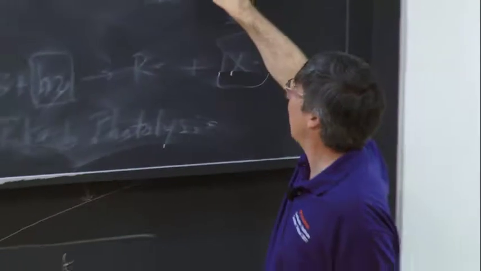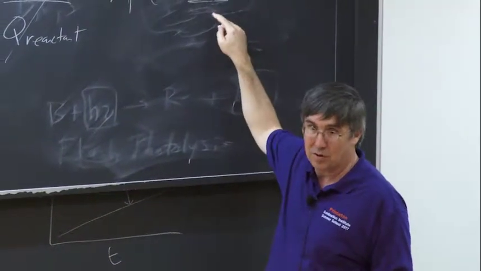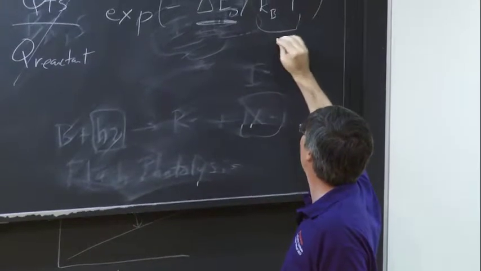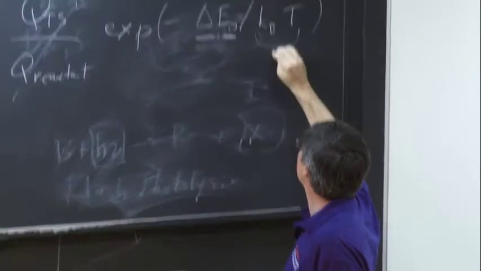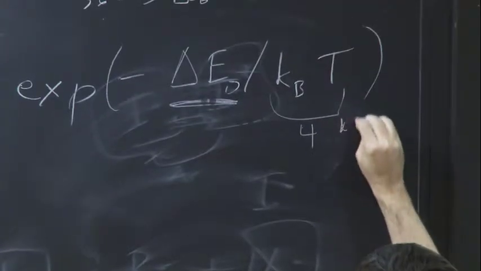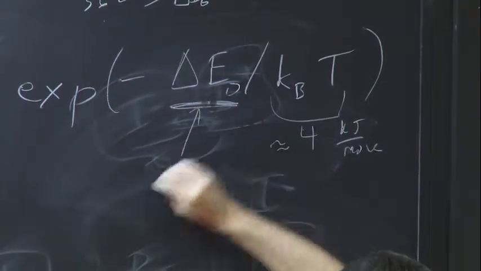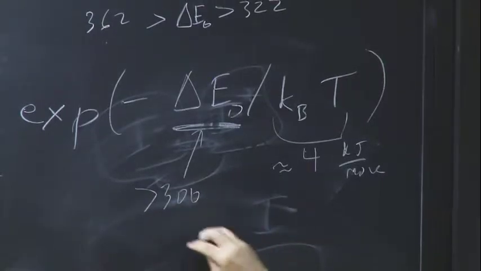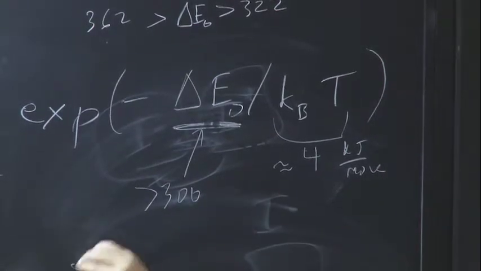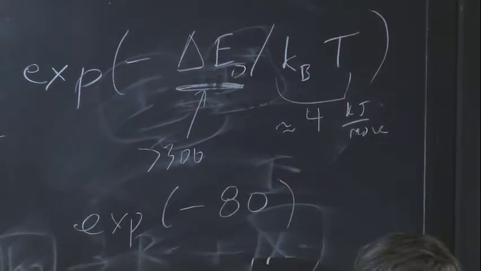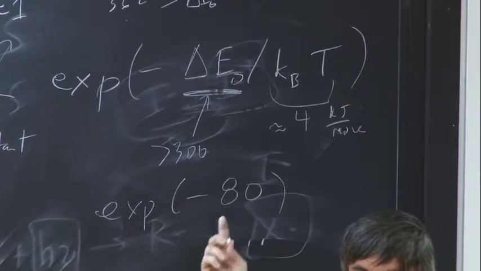And so the whole thing's going to be about how gigantic this is, which is going to be pretty darn gigantic because kT here is about 4 or 5, something like 4 kilojoules per mole at this temperature. And so this one's going to be greater than 300. So this ratio is going to be like exponential of negative 80, something like that, or maybe even bigger.